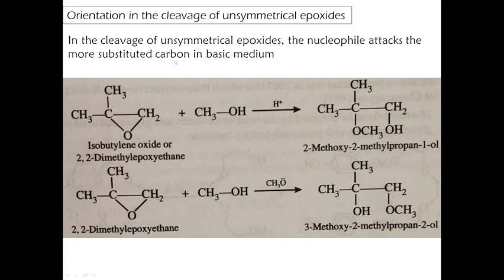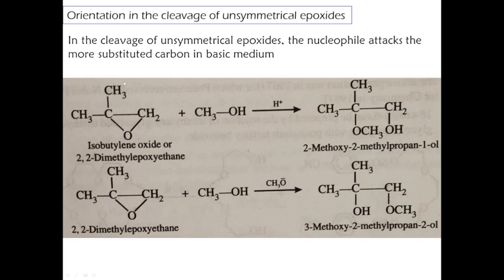Next we have to discuss the orientation in the cleavage of unsymmetrical epoxides. Ring opening is possible in acidic medium and also in basic medium, but the orientation is different.